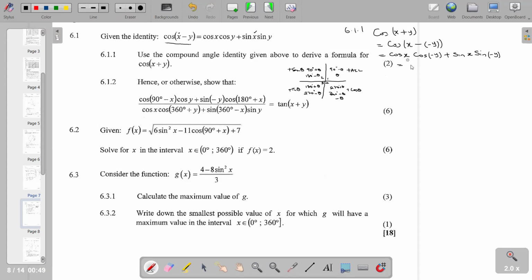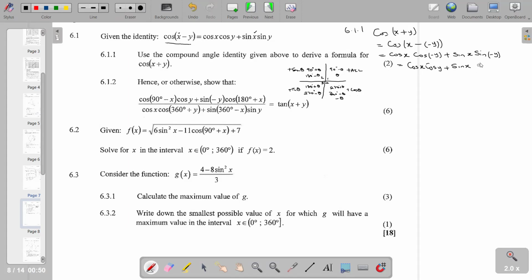So this reduces to cos x, which is fine. Then we check our negative y there. Negative angle is in which quadrant? In the fourth quadrant. What is the sign of cos in the fourth quadrant? It is positive, so the ratio is not going to change. It can only change if it's a co-ratio. So this one reduces to cos y. Then here we are going to have plus, then the sin x is as it is. Then we check the negative angle: minus y is in which quadrant?